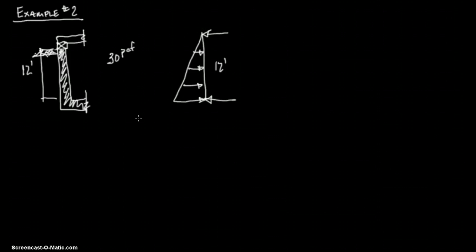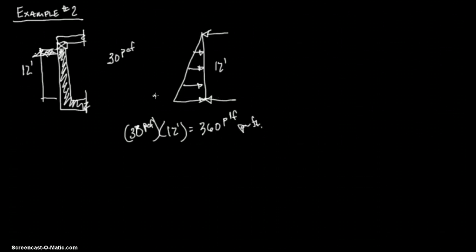Alright, so like we did last time, you're going to take 30 PCF times 12 foot equals 360 pounds per linear foot per foot.